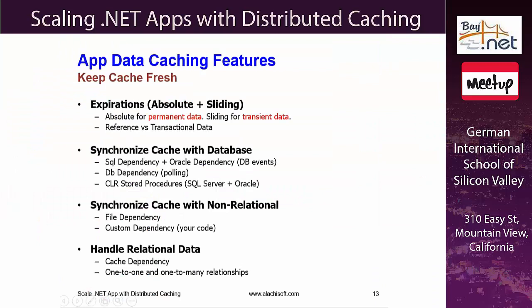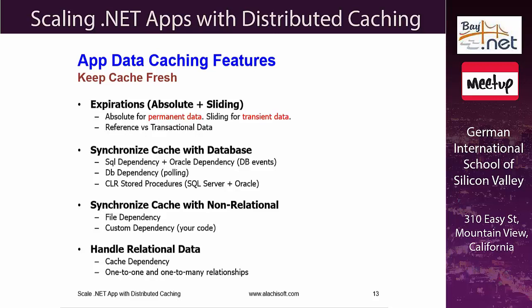So if that happens, then the next approach is called DB dependency, which is a feature that NCache has, where instead of getting events from the database, NCache polls the database. There's a special table that gets created. It has some special columns that will contain a flag or some value in it. NCache will do a fetch and say, give me all the items that have been updated in the database.